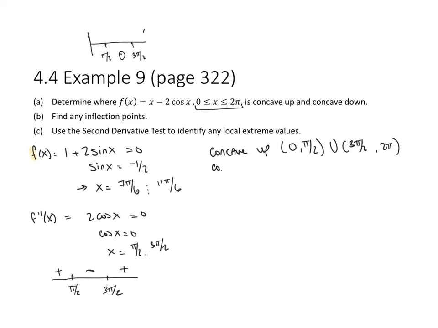And we're concave down between pi over 2 and 3 pi over 2. Now our points of inflection are at pi over 2 and 3 pi over 2 because we changed concavity there.